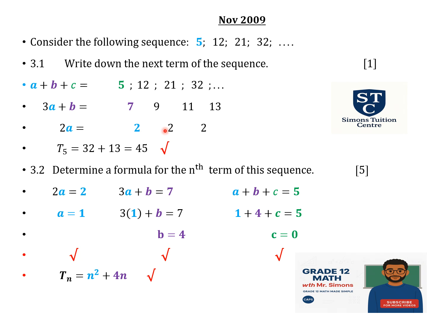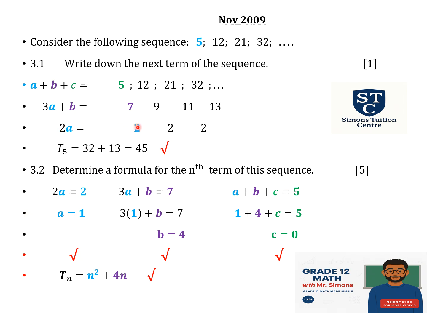So my second difference is a constant value of 2. Right, so they say determine the next term. So 11 plus 2 would give me 13, and 32 plus 13 then gives me 45, for 1 mark.